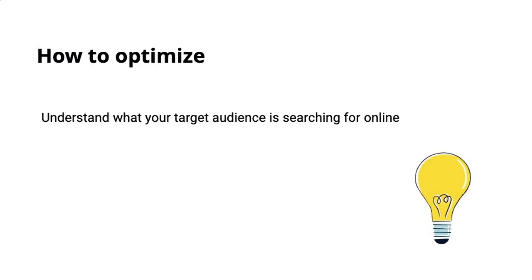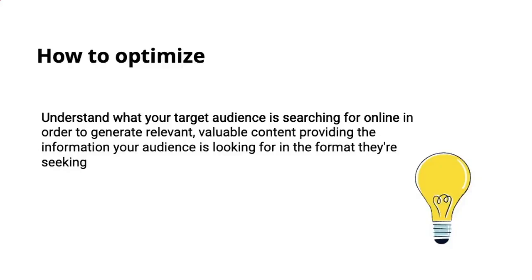So how to optimize? You need to understand what your target audience is searching for online in order to provide compelling, valuable content in the format they're looking for. So knowing this will drive actionable items for you and your company because you know what kind of content is being sought after. So for example, if I'm a chef and I'm writing a cookbook, my following wants to recreate my recipes.